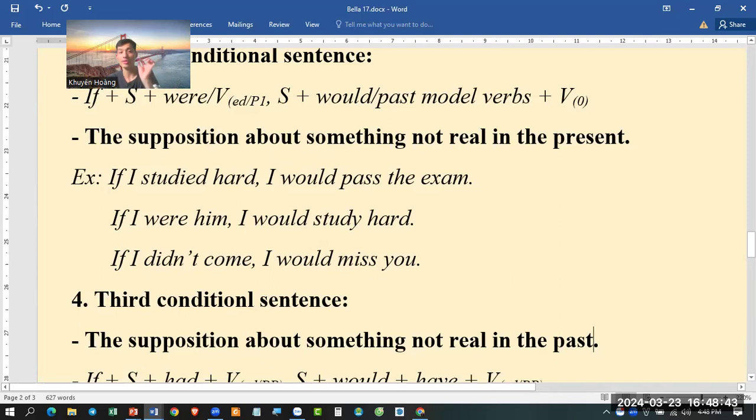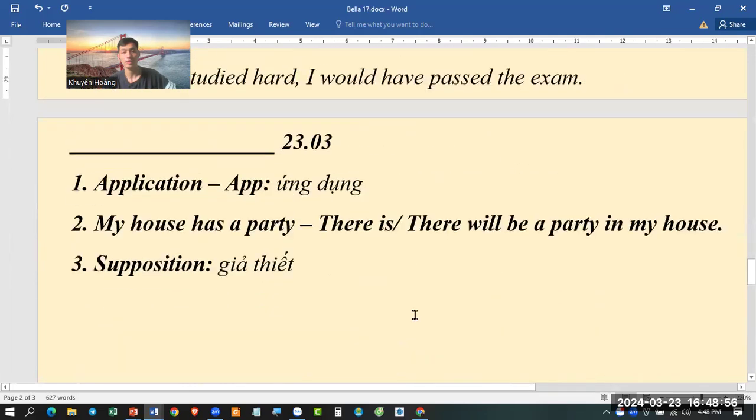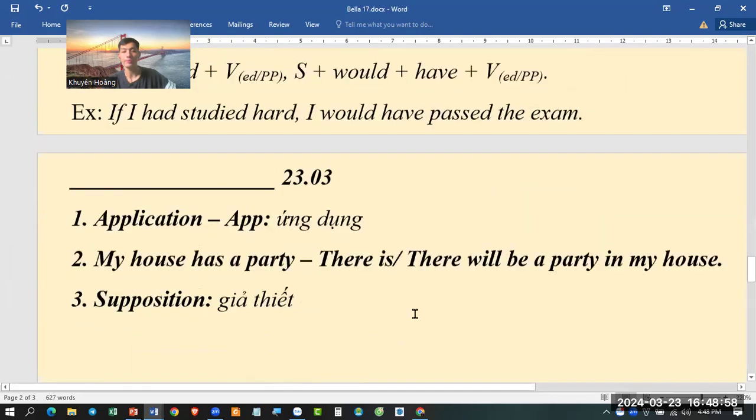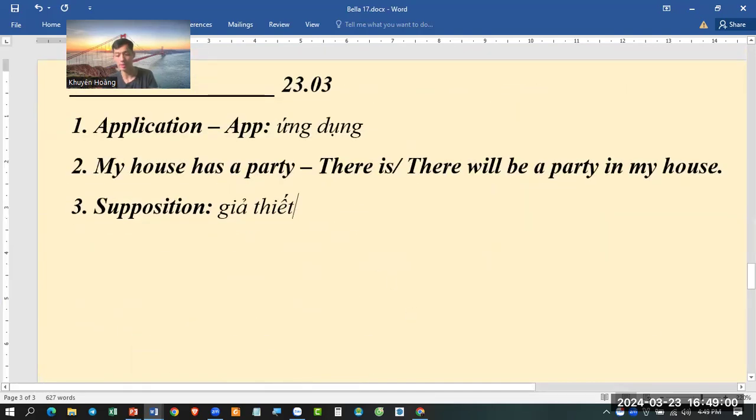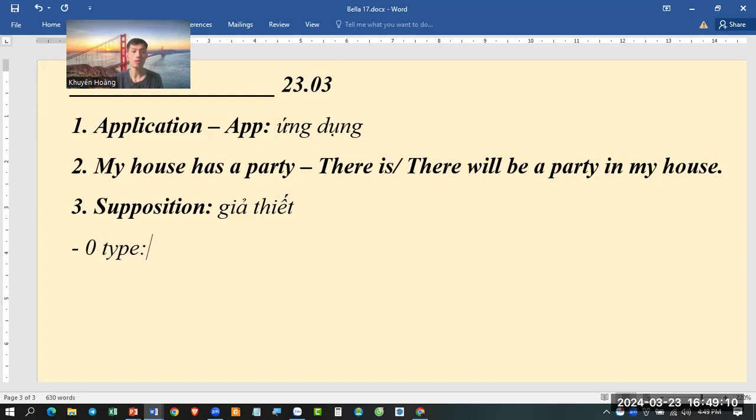So, I can understand, but I don't know if I can remember or not because it's very clumsy. Okay, it's coming up. I'm gonna make this. So we have the three kinds, and we gotta sum up the zero type. Okay, make it like this first.